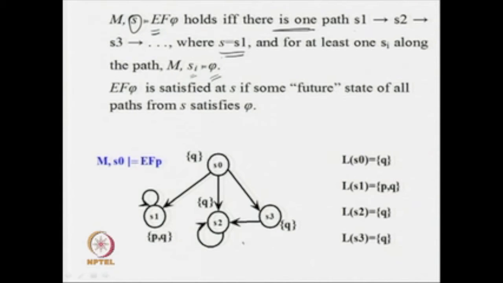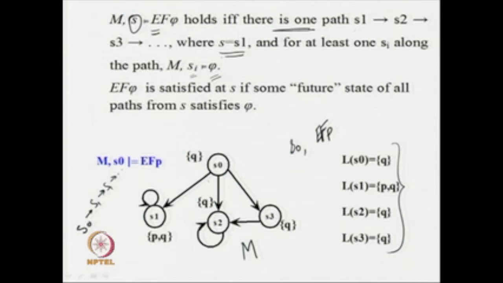Again look at this particular model M. My state of concern is S0 and the formula is EF p. Here, there exists a path in which eventually p holds, and this is the labeling function that we have: p, q in state S1, in S2 q is true, and in S3 q is true. Now, you see that we have the path S0 to S1 to S1 and so on, an infinite sequence.